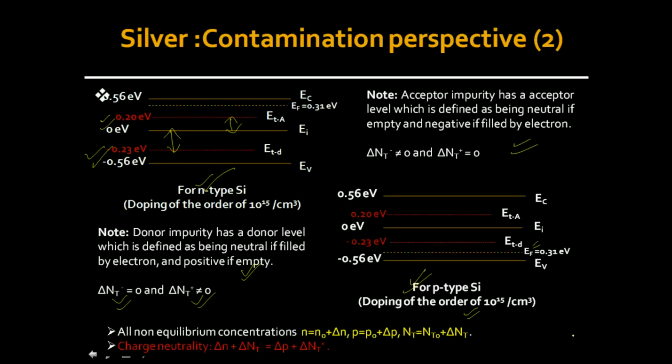Charge neutrality requires that the concentration of holes and excess carrier electrons and the sum of the donor level impurity and acceptor level impurity should be equal. So this relation should be followed.